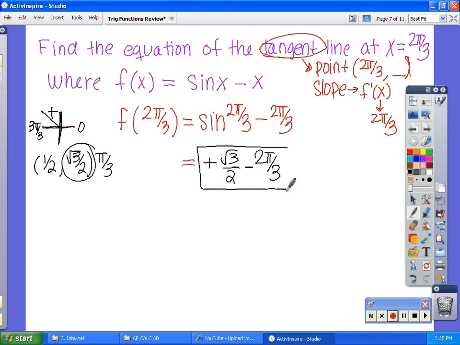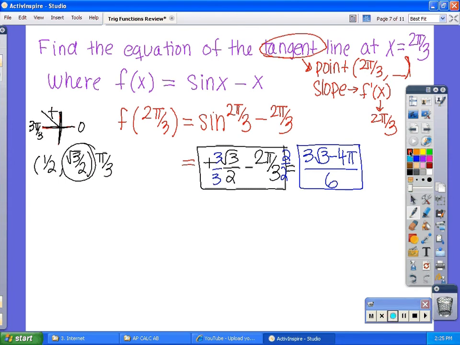Now, what you can do to it is get a common denominator, which would mean multiply this one by 3 over 3, multiply this one by 2 over 2. And we get left with 3 root 3 minus 4 pi over 6. To me, having one fraction is always much easier to work with, so I am going to use that.